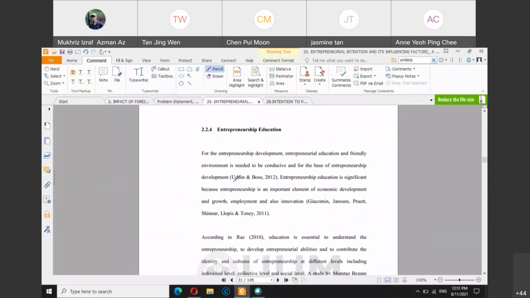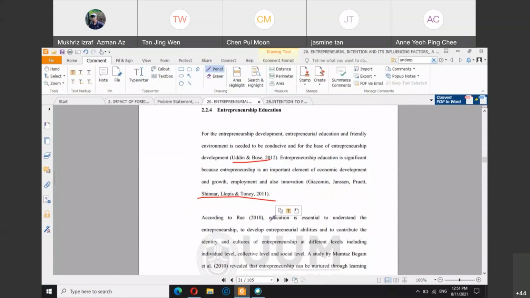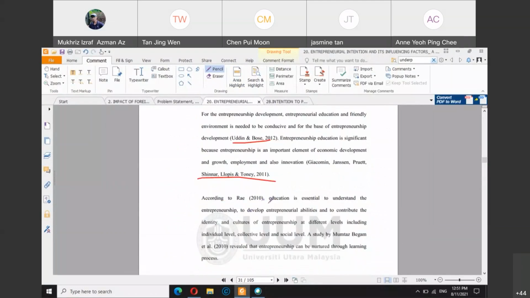So, for example, according to Ray 2010, education is essential to understand entrepreneurship. These are the studies related to the factor of education which promote entrepreneurial intention. So this is how you want to categorize your chapter 2 under empirical study.